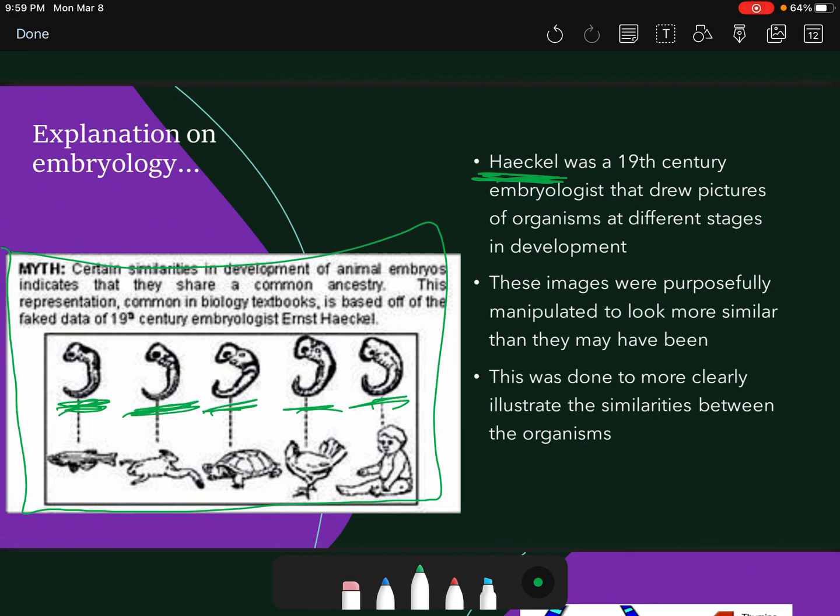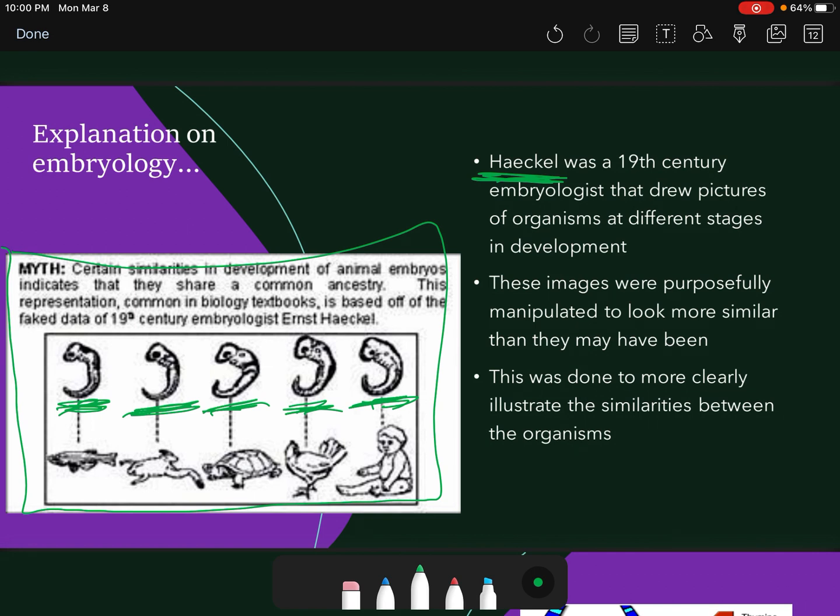So this image looks a lot like these images here. This was done on purpose. Haeckel purposefully changed and modified them to look a lot more similar than they may actually look when comparing them side by side, if you were to, for example, just pull this out of an egg or out of a human that is pregnant.